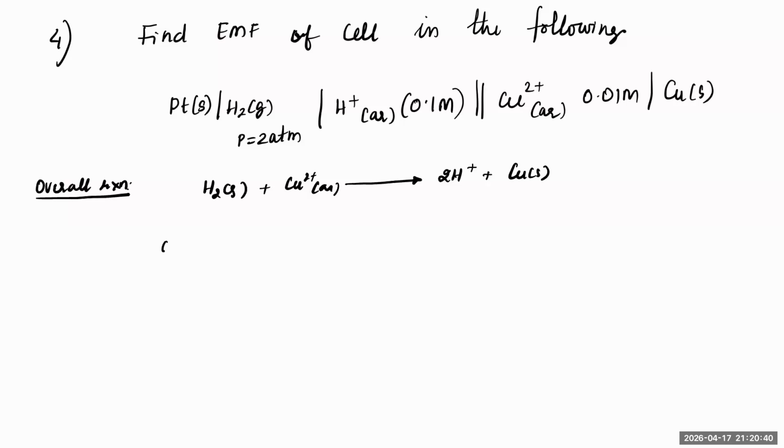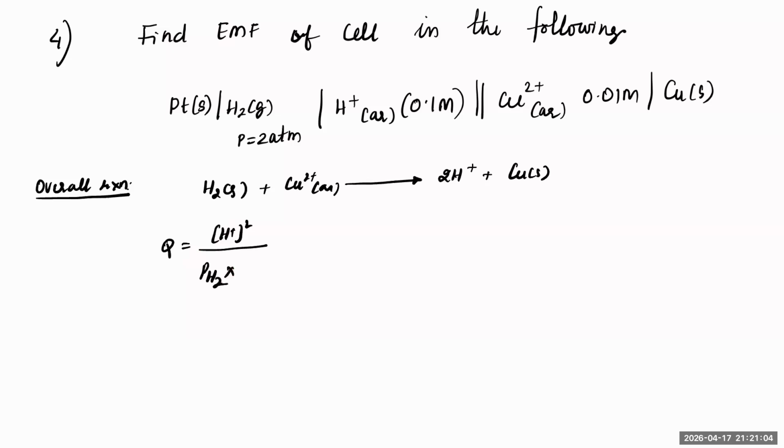And in that case, what will be the Q value? Q will be equal to concentration of H+ whole square divided by pressure of H2 gas, into Cu2+ concentration. You do not try to change the pressure term into concentration. Reason being, these are ratios, so we just need to take the value that is directly given.